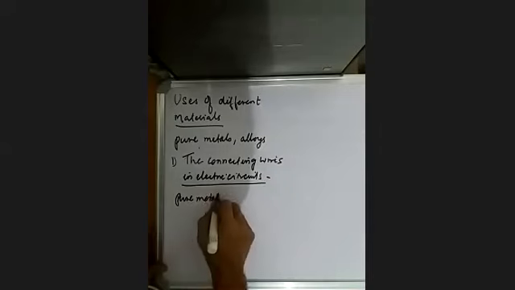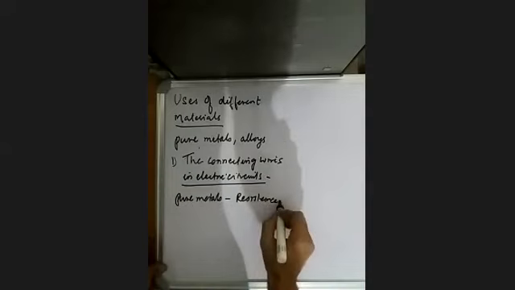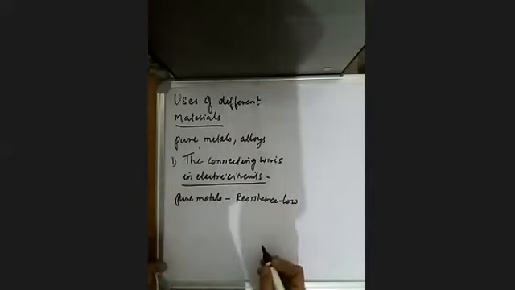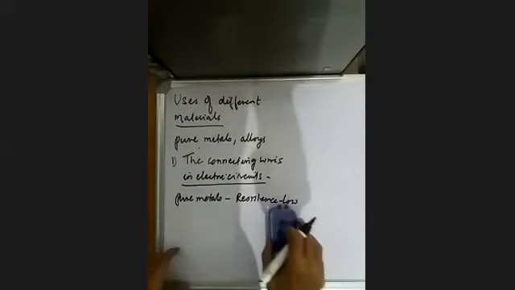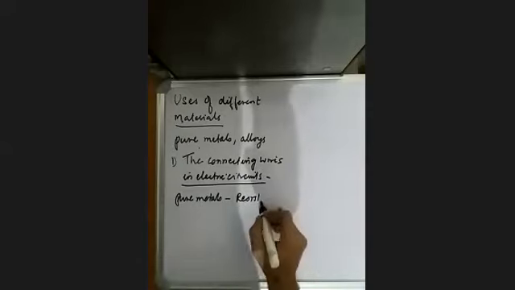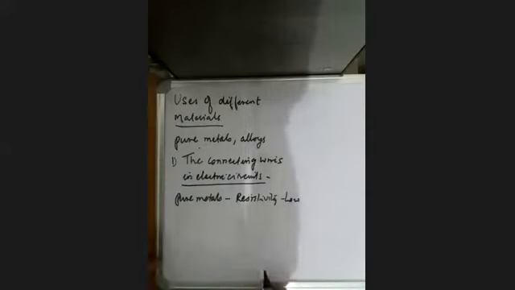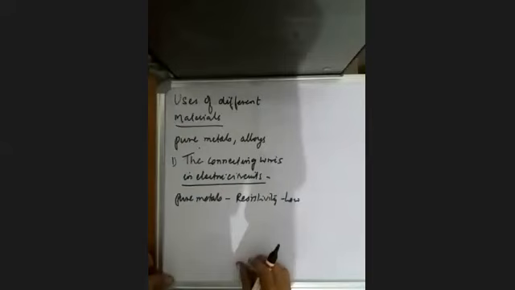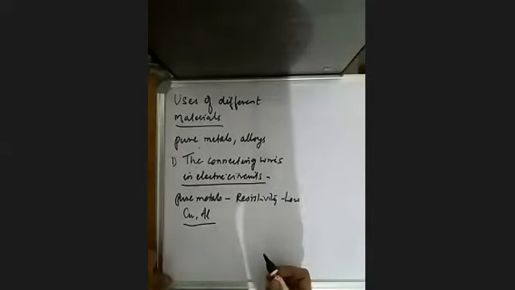Why are they made up of pure metals? Because their resistance, rather their resistivity, is low. Resistivity of pure metals is quite low. The examples are copper and aluminium, and all the connecting wires in domestic circuits are made up of copper and aluminium.